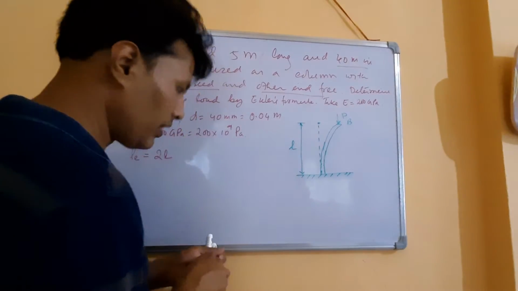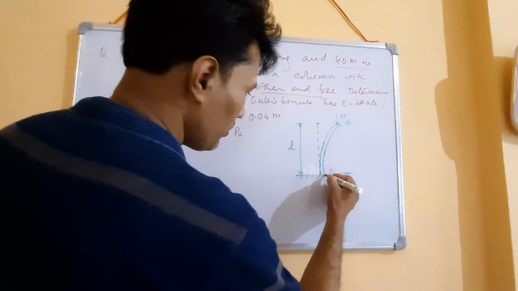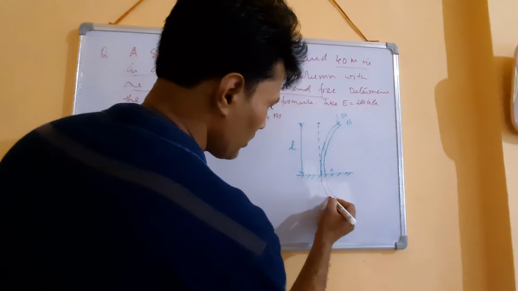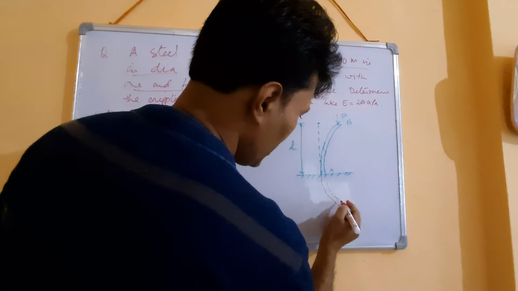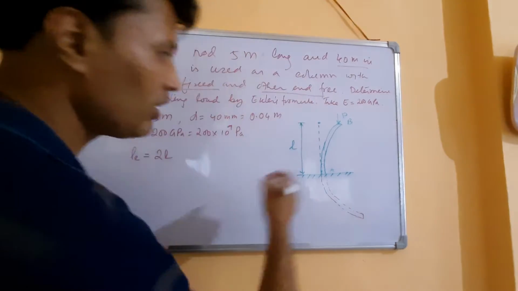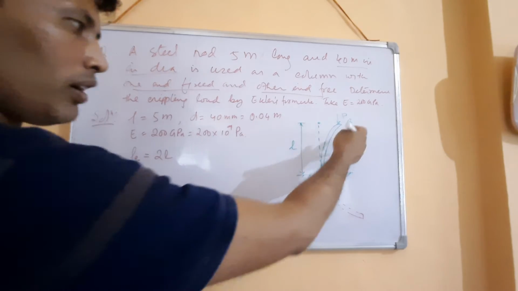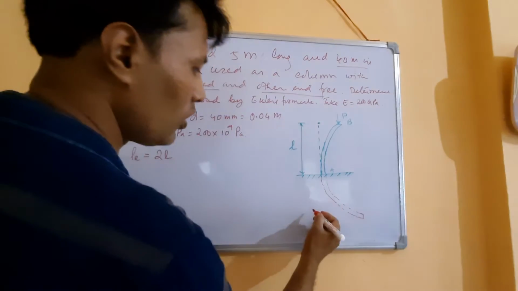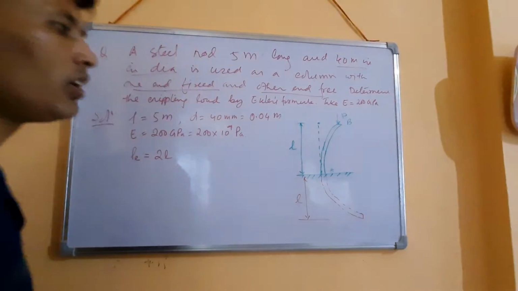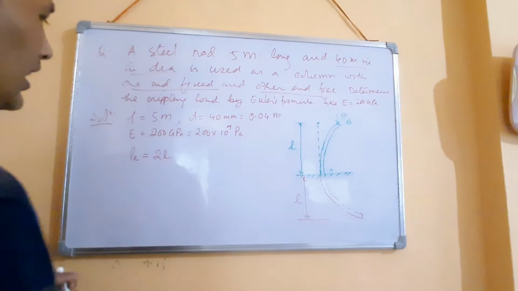Because we have already discussed, this additional curve will make it a complete curve. This is half, this one is half. So this portion is also L. So this is twice L. Okay. So we got everything.